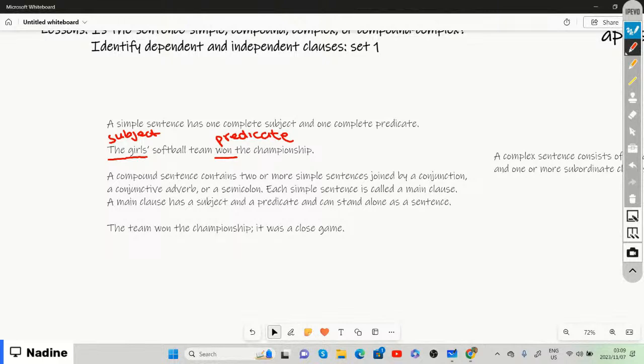And then we have a compound sentence. A compound sentence contains two or more simple sentences which are joined by a conjunction, a conjunctive adverb, or sometimes a semicolon. Those simple sentences are called main clauses.